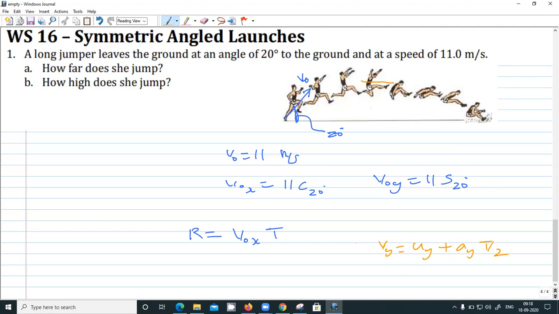Isn't that the same equation? v naught y. Is this equation clear? Isn't it the same equation that we already have? I have written only one equation. This is the first equation. This is the second equation. Okay.